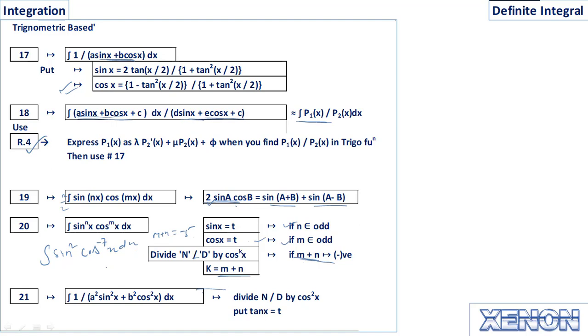So we will multiply both numerator and denominator by cos minus 5x, right?